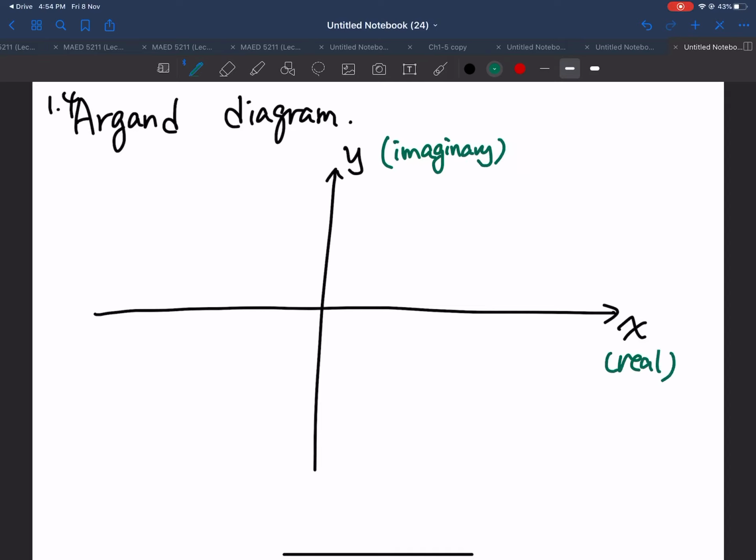The x-axis represents the real part, and the y-axis represents the imaginary part.